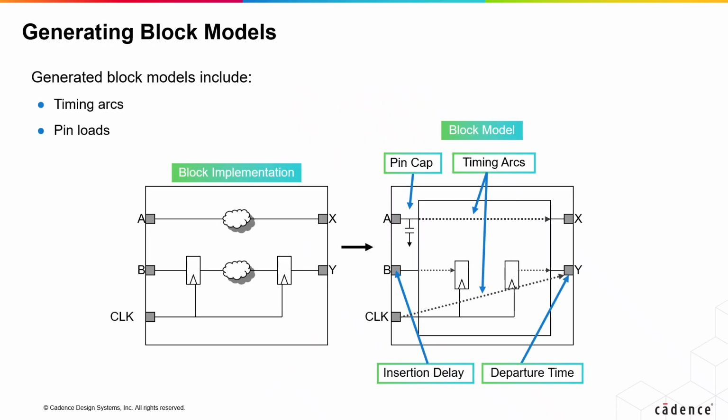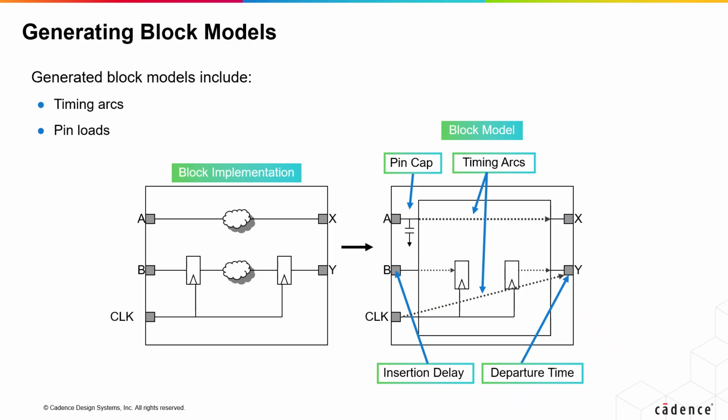In a hierarchical design flow, block models are generated from the completed block implementation to enable accurate and efficient top-level timing analysis. These generated block models capture the essential timing behavior of the block without exposing internal implementation details. Specifically, the model includes timing arcs that describe signal propagation between input and output ports, as well as pin loads that represent the effective input capacitance seen by upstream logic.